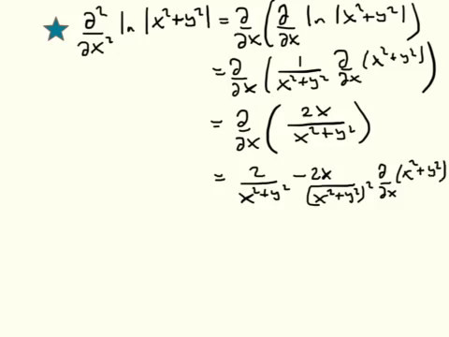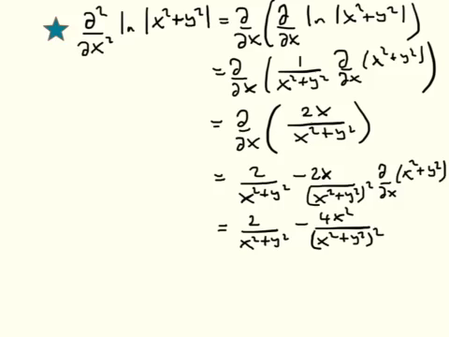So again, this is going to be a 2x factor, and the 2x and this 2x are going to give us 4x squared. So what we have is 2 over x squared plus y squared, minus 4x squared over (x squared plus y squared) all squared.